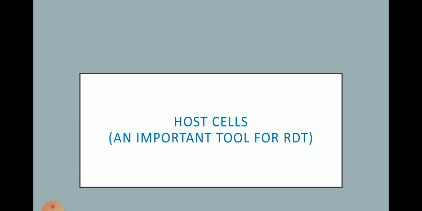It means whatever foreign DNA is inserted in the host cell, it must express its hidden character. The hidden character is expressed in the form of production of proteins, hormones, or enzymes. This is the way of expression of a foreign DNA.